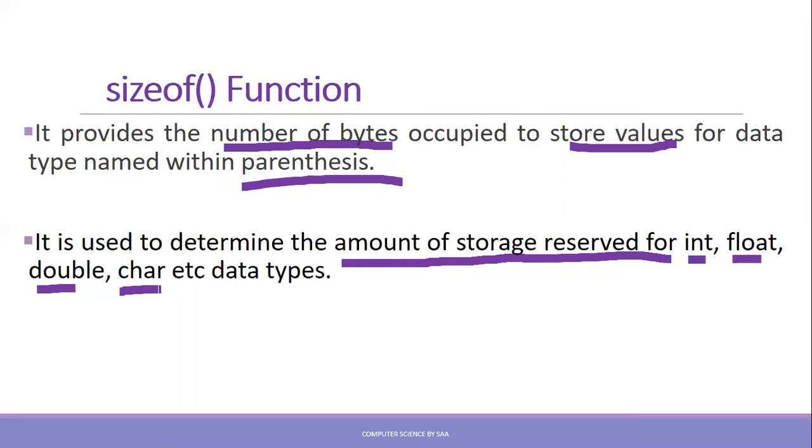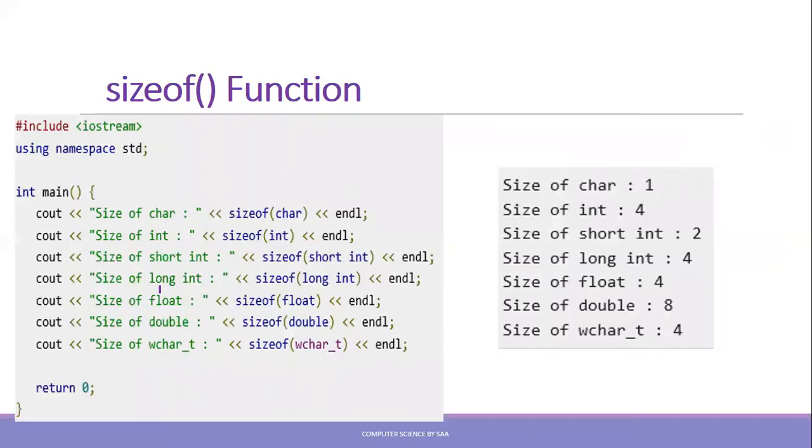Integer data type stores some different values than the floating data type. Floating data type takes a different storage capacity than double and character data types in the memory. The basic purpose of the sizeof function is to find out the storage reserved for these data types. You can understand it in a much better way with the help of this example.